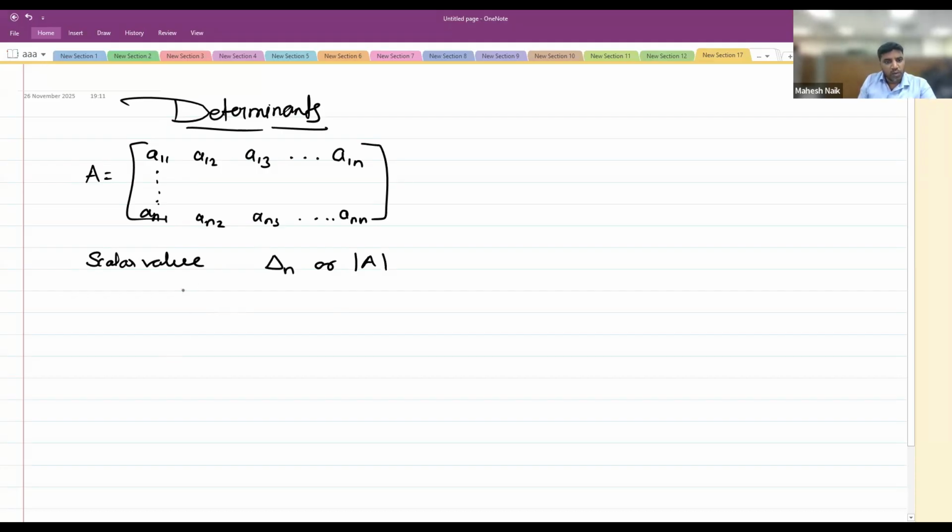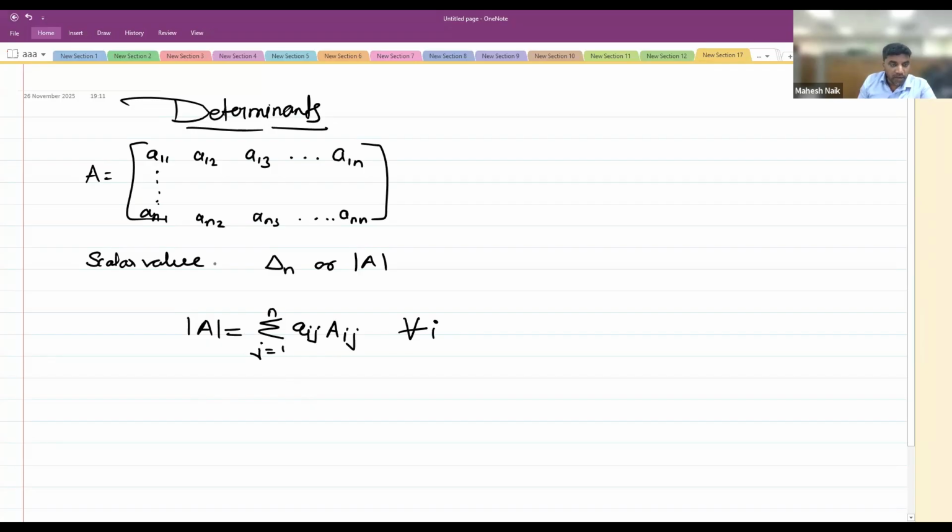Now to calculate the determinant, what we can do is calculate the cofactors of the matrix, which can be obtained by deleting rows and columns. And we can define the determinant of the matrix as the summation of aij times Aij, where capital Aij in this case denotes the cofactor, and doing this for all j's. So I'm expanding over j and taking a fixed i into consideration.